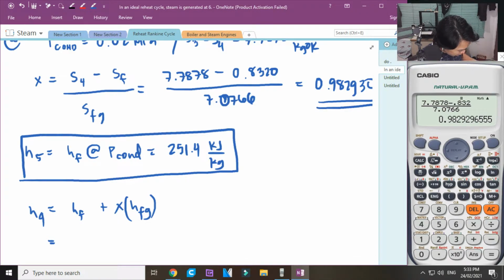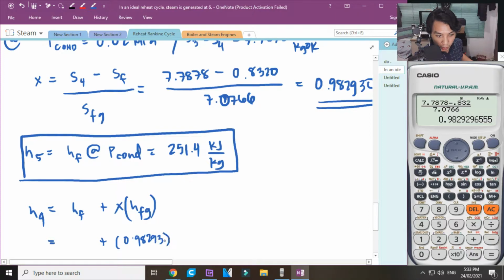HFG is 2358.3. X is 0.98293. So we will solve.